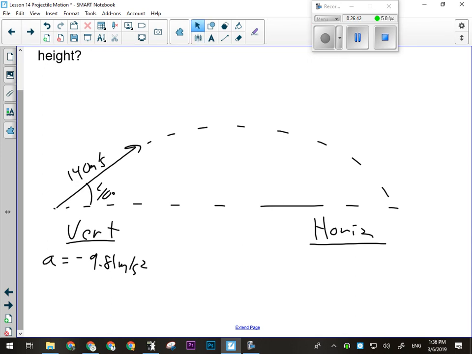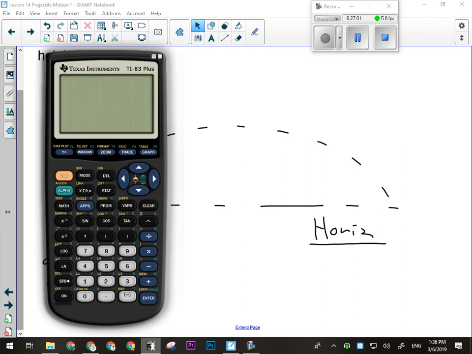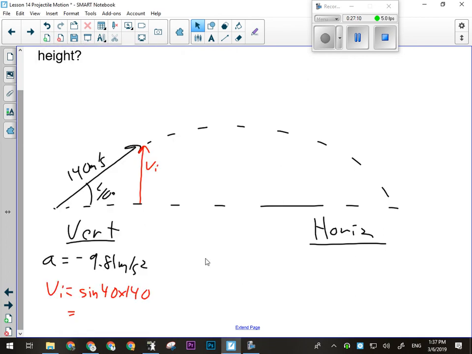All right, so as we did before, because this is a velocity vector, the vertical component of it, or the y component of it, will represent our initial vertical velocity, sine of 40 times 140. So 89.99 meters per second is our initial, and that's positive.